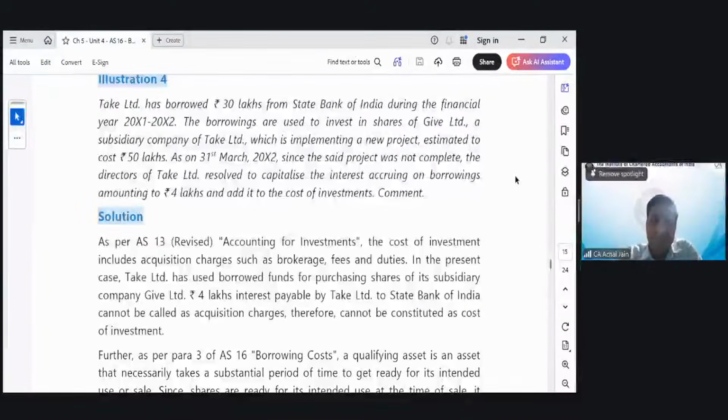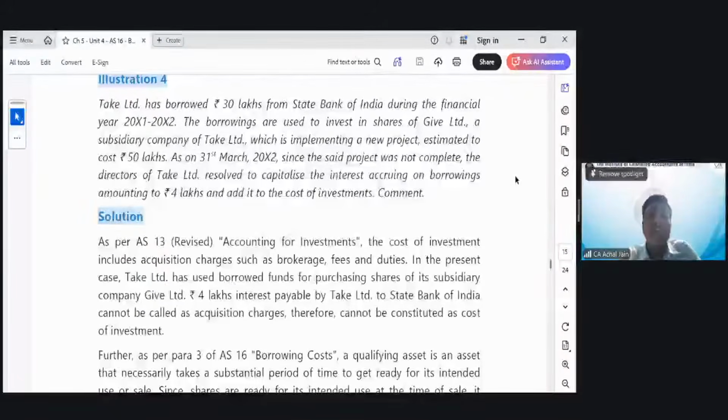Now, there is an investment done for which there's an accounting standard you apply, AS 30. Now what does it require? It requires the cost of investment to be evaluated. Now what does that include? See, the cost of investment includes acquisition charges such as brokerage fees and duties.